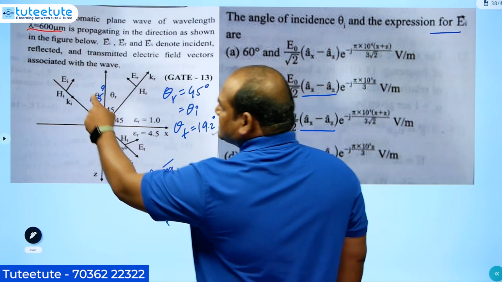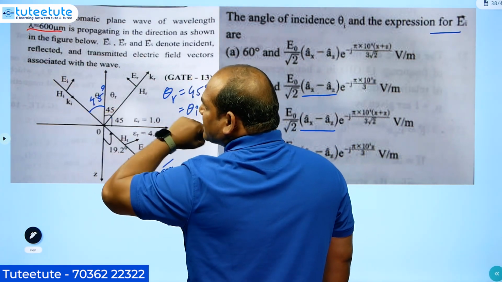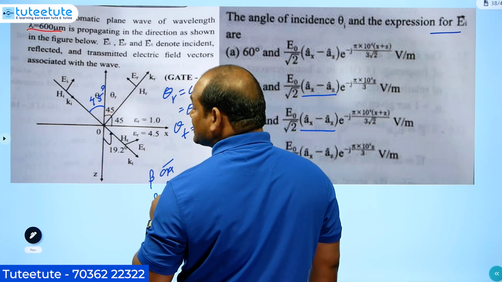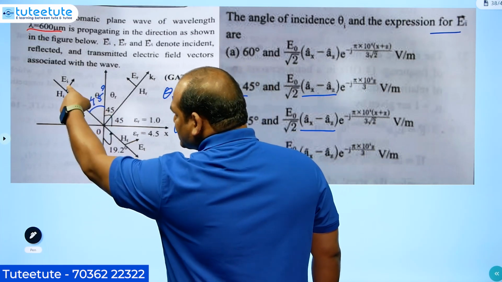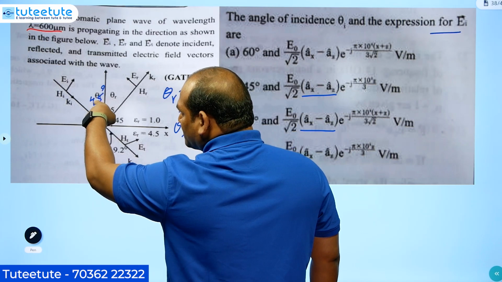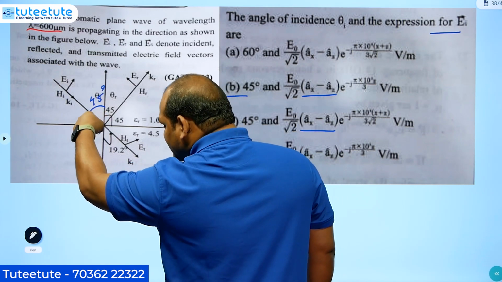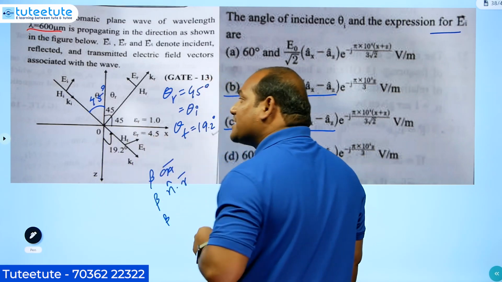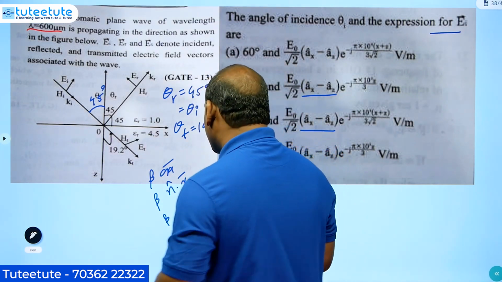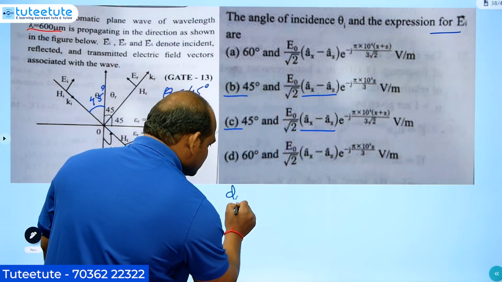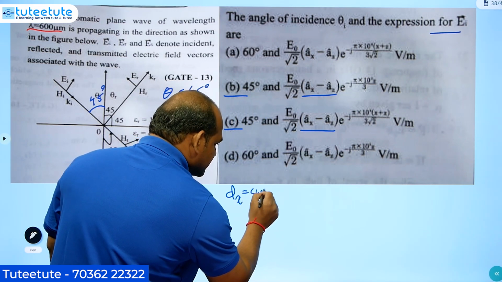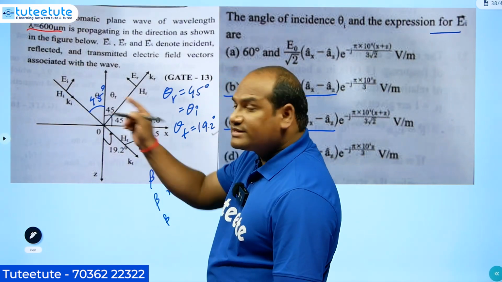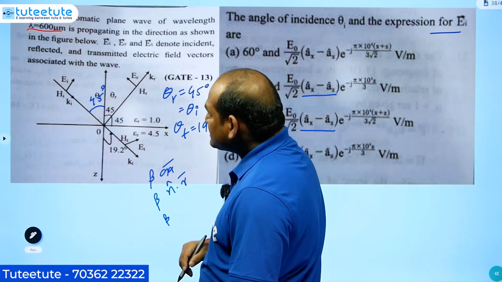So this is the incident wave. How much angle is made by this incident wave with respect to the x axis? That is what we need to observe. This is 45 degrees with respect to the normal. If you extend this one like this, that is also making 45 degrees with the positive x axis. That means phi x is equal to 45 degrees. And what is the angle made by this incident wave with respect to the y axis?